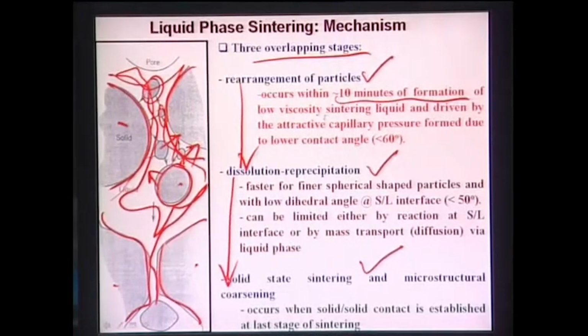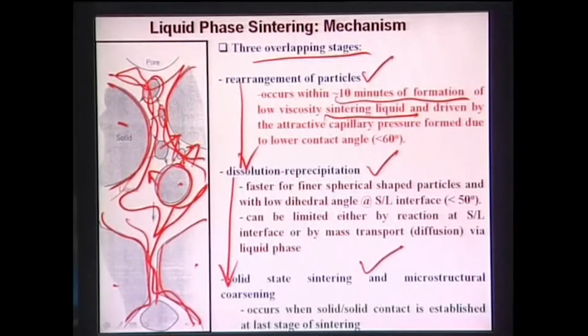Remember that the sintering liquid which forms at the interparticle region should have a low viscosity. If it is a very highly viscous liquid, then what will happen? The diffusion process will be much more sluggish. Think of water and think of some polymeric gel.